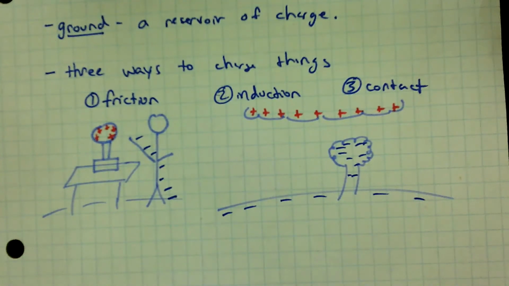If you get so much positive and so much negative that they want to attract each other and jump through the air, that's when you get lightning. And the result of the lightning is you annihilate all that air, but instead of just that little volume of air that you annihilated with the Van de Graaff, you now have a huge volume of air that you've annihilated. And so when the air rushes in to fill that vacuum, that's when you get a big thunder strike.